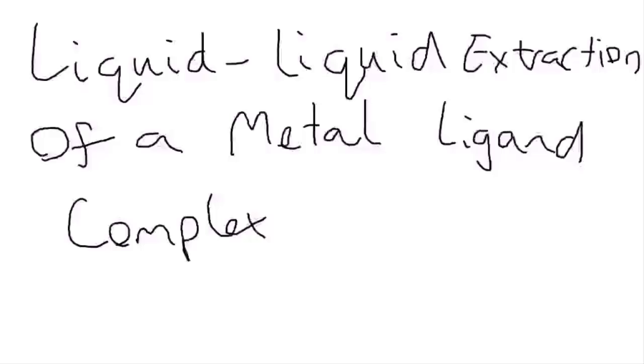Using a liquid-liquid extraction to extract a metal ion from the aqueous phase by forming a complex means that we have to take into account a couple of different equilibria. And again, the distribution ratio is not going to be equal to the partition coefficient, so we have to calculate that.